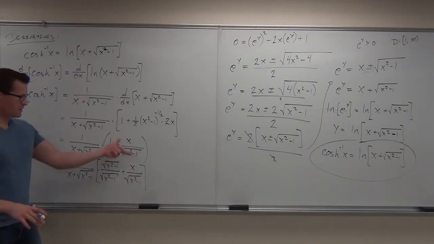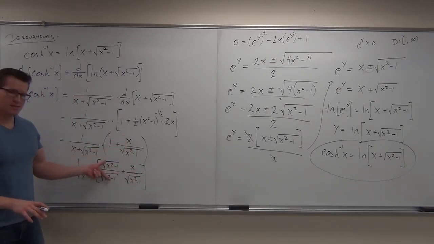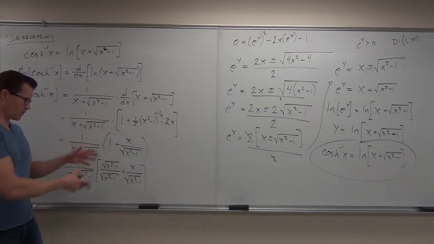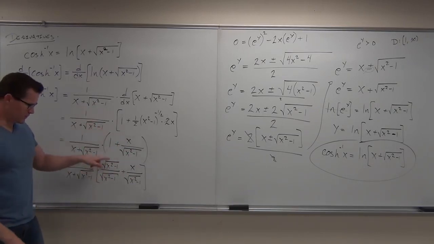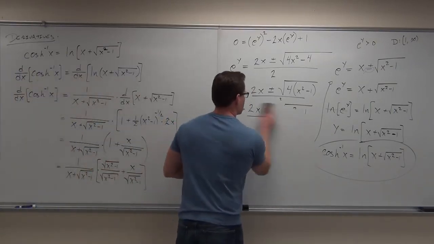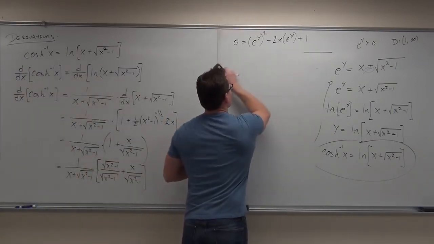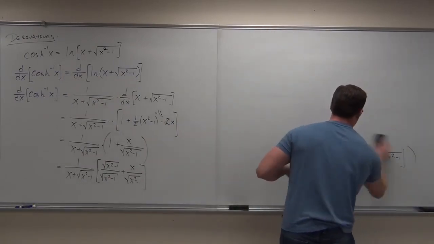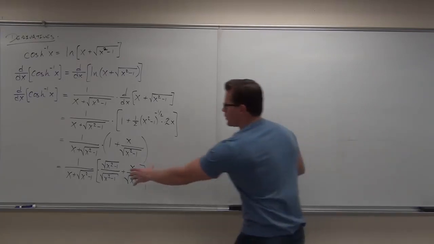If you didn't follow this, this is exactly the same. Is this still equal to 1? This is still 1. Yeah, absolutely. So all we're doing is writing that as this fraction so that we have a common denominator. So with that in mind, now we can make this one fraction.